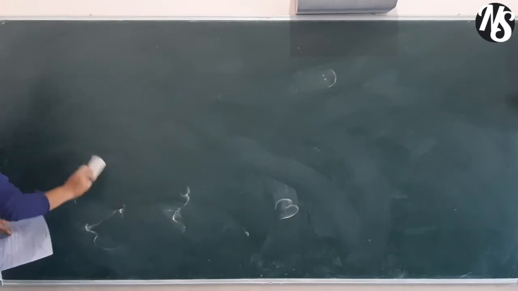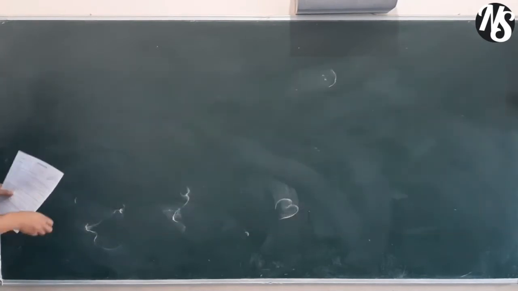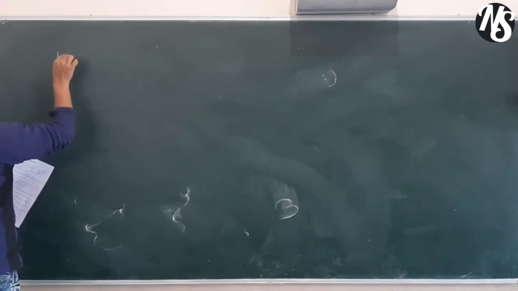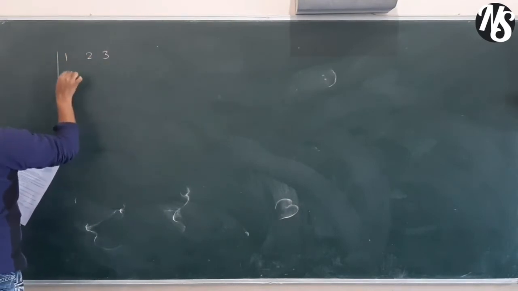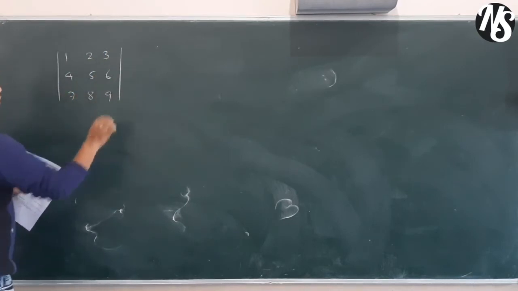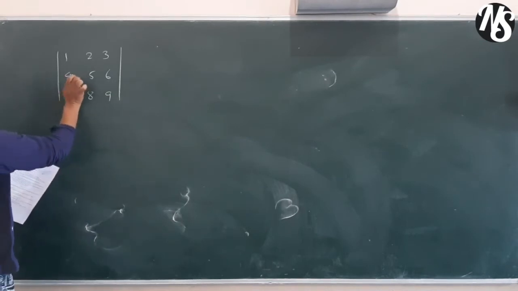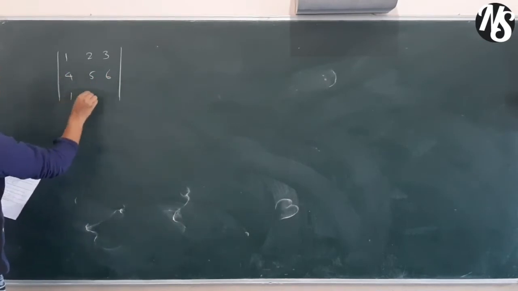Okay, let's see the third property, which says if any two rows or any two columns are identical or proportional, then the value of the determinant is 0. Let me explain using this one: 1 2 3, 4 5 6, 7 8 9. Let me take this one, 1 2 3.